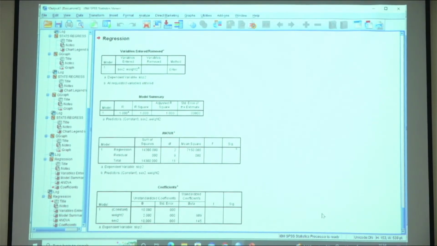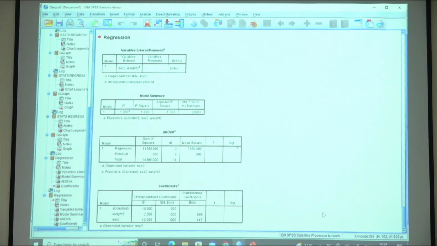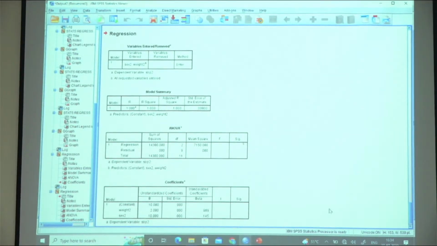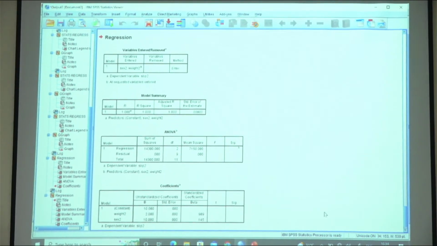So one more variable I have to put, which is this, and now just press the button. Now see, constant is 10 plus weight into 2, this is what you said, weight into 2, plus 10 into sex, right? That is what it is. So what you have done, SPSS does the same thing.